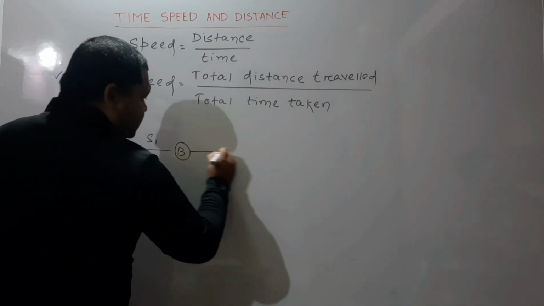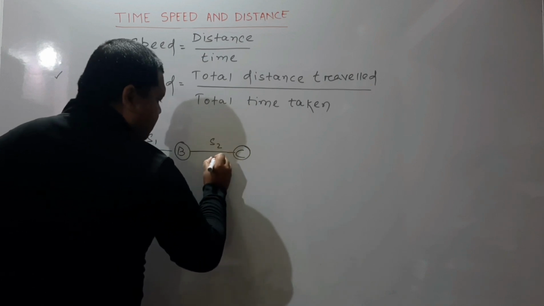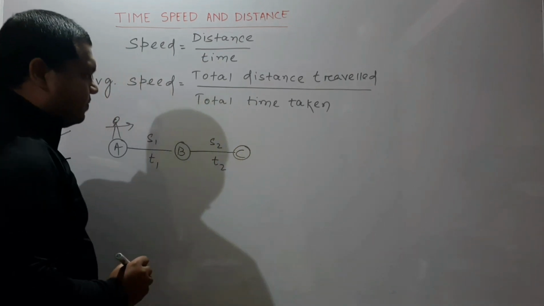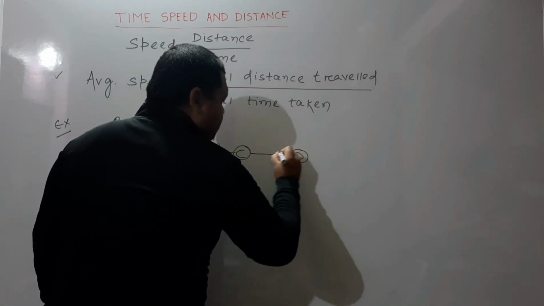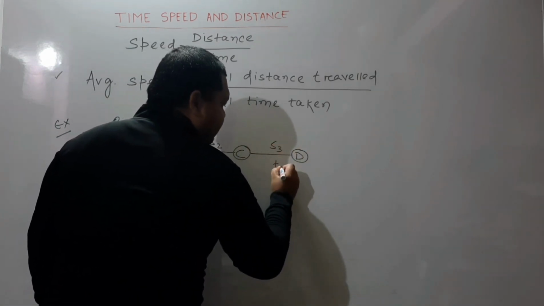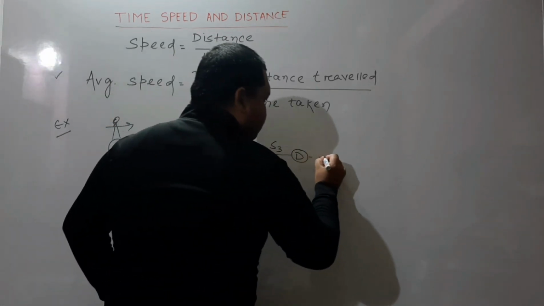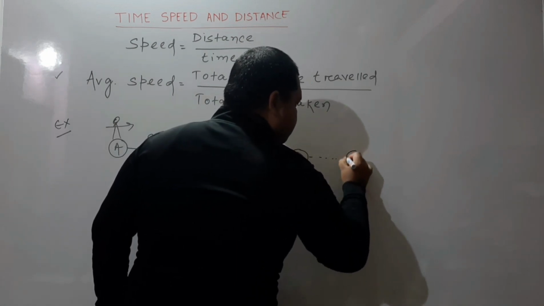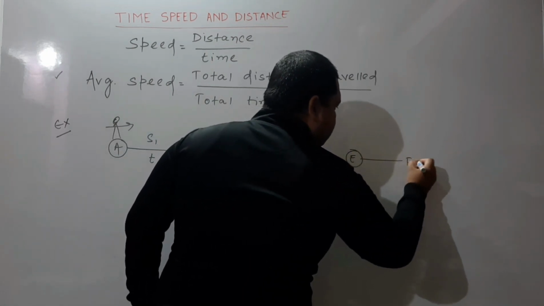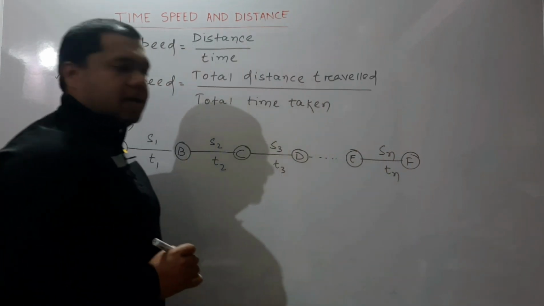Similarly, from B to C, let your speed be S2 and time taken T2. And from C to D, let your speed be S3 and time taken T3. Suppose we calculate it for n number of segments. From E to F, let your speed be Sn and time taken Tn.